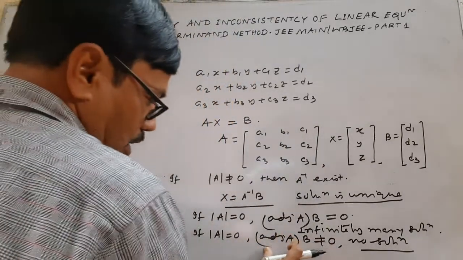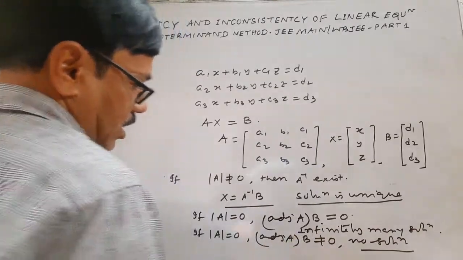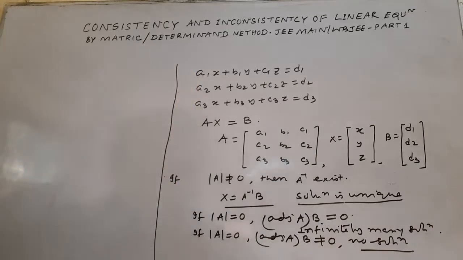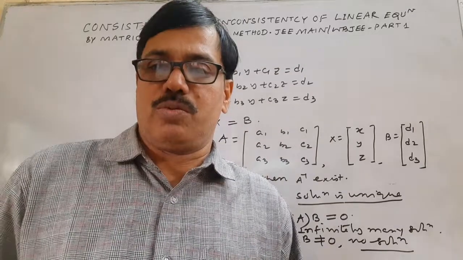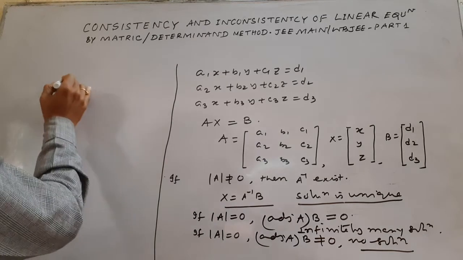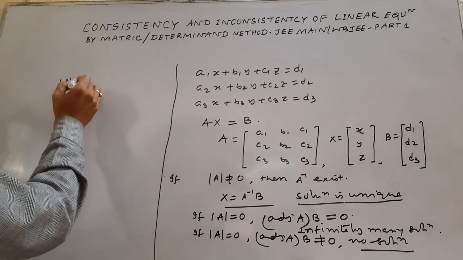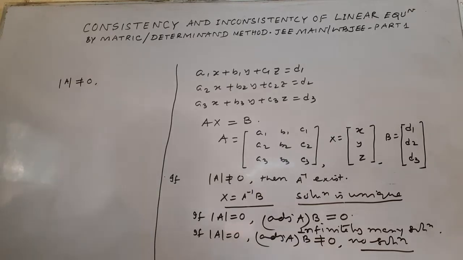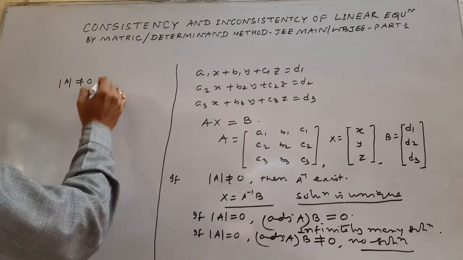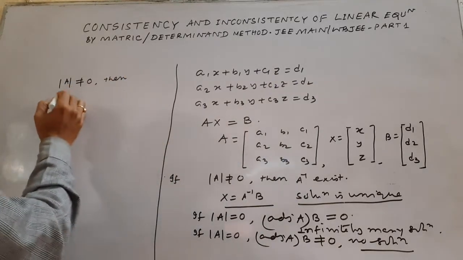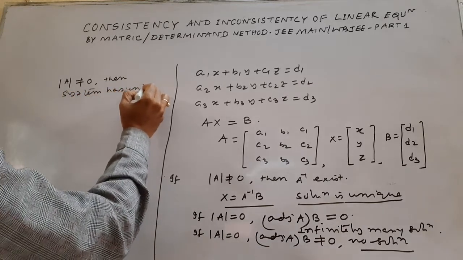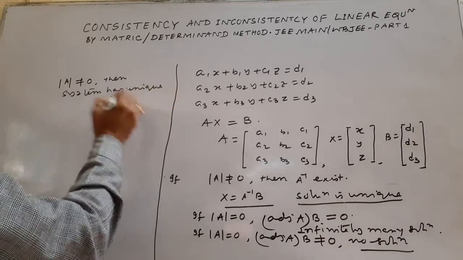Now to find adjoint of A is lengthy. So to solve this type of equation, we use the determinant method. If determinant A is not equal to 0, then the system of equations has a unique solution.